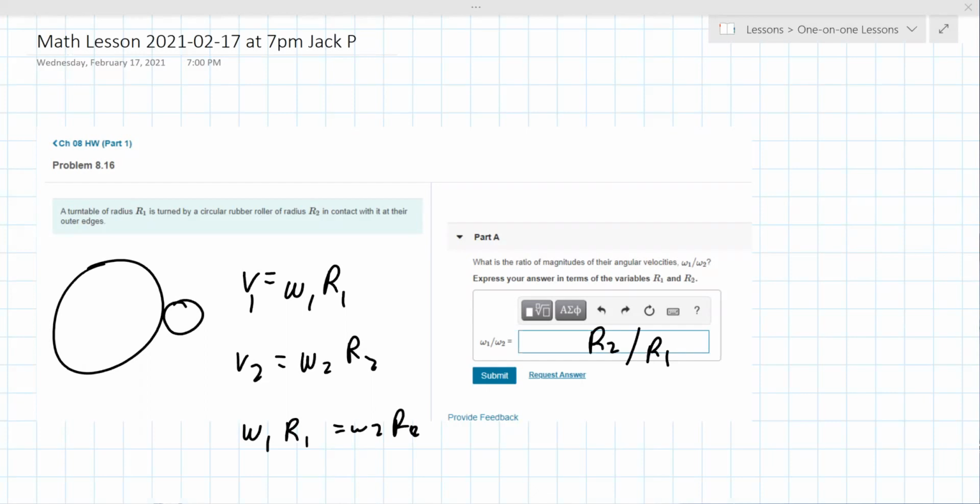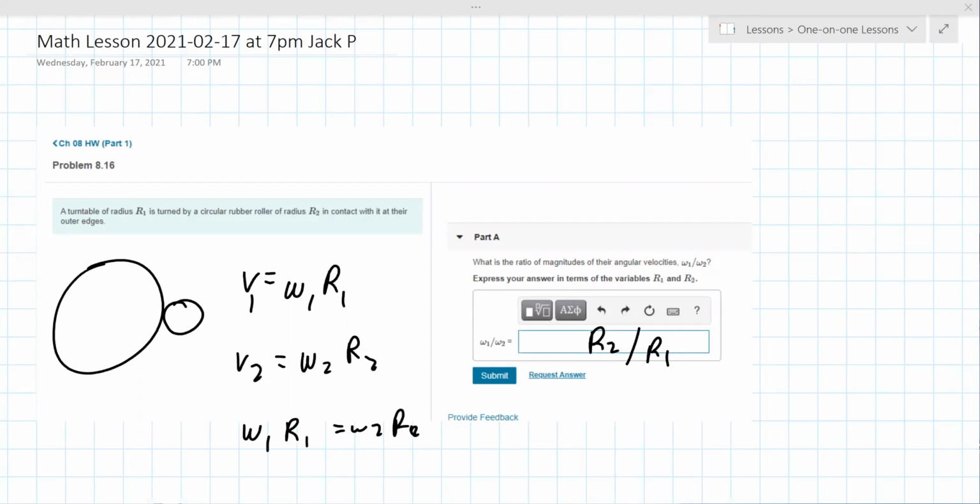I don't know why it's not letting me. Oh, there we go. Okay, that's what I meant. And divided by R2. What? This is incorrect. Oh, wait, no, wrong way. R2 over R1. I did that incorrectly. My bad. There we go. All right. Here we go.